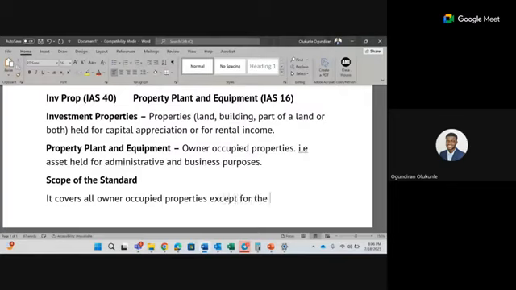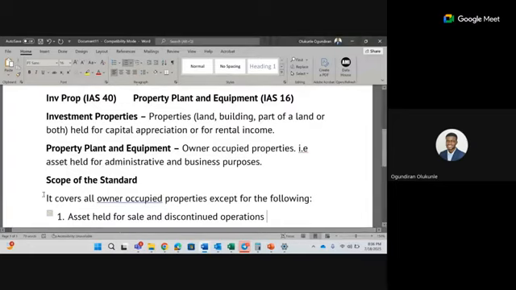Number 1, we have assets held for sale and discontinued operations. But again, we are looking at assets held for sale basically, and that standard is IFRS 5.